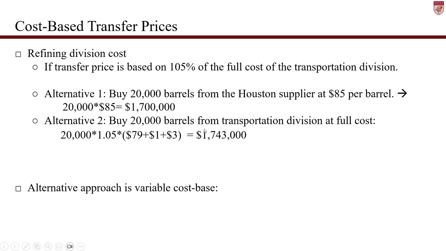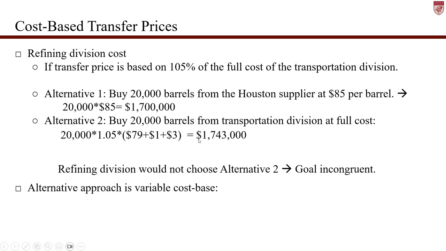Then that would lead us to a much higher cost of $1,743,000. So from the refining division perspective, they would not choose alternative two, although choosing alternative two makes more sense from the overall organization perspective. So that would actually lead to a goal incongruence situation.